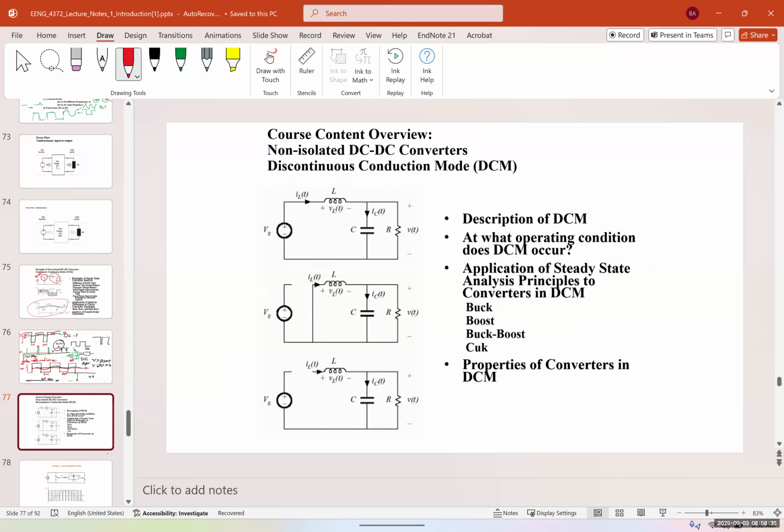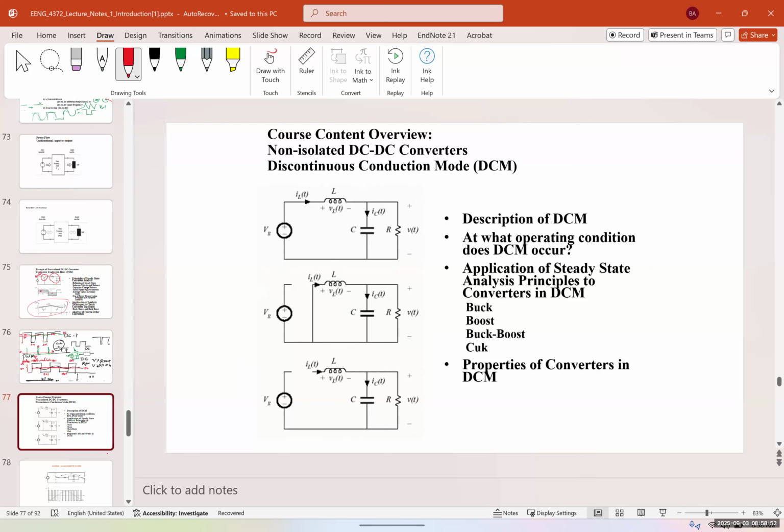So I don't think we have enough time to go through this, but for the next few weeks, the course content would be non-isolated DC to DC converters, discontinuous conduction mode or DCM.